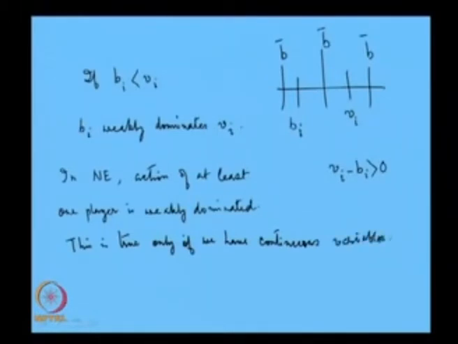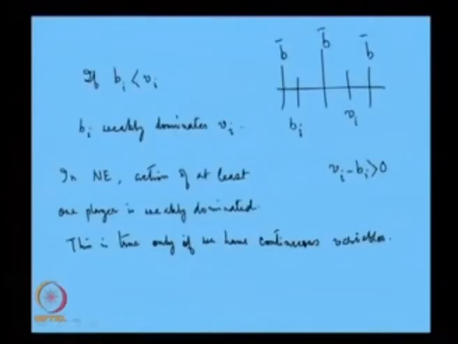we have continuous variables. If the variables are discrete, which means that there are some units of the variables below which we cannot divide them, in that case, however, we can have an equilibrium in which nobody's action is weakly dominated.